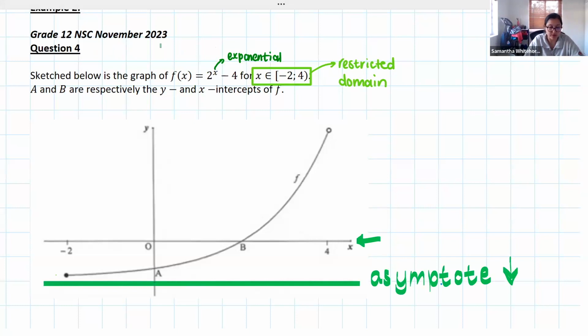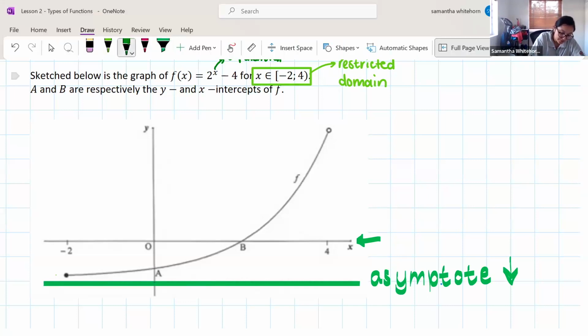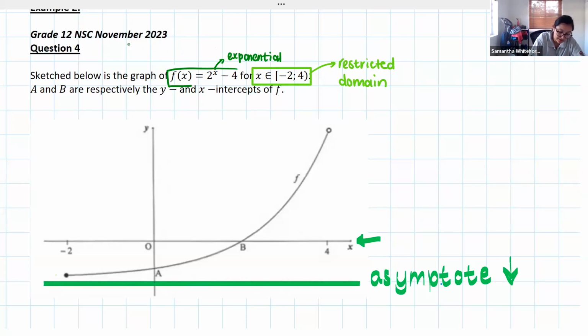However, if we go back up to our equation for f of x, it is 2 to the power x minus 4. So we know that this is a shift 4 units down, so this asymptote is at y equals negative 4. All of this information I have gotten just by looking at my graph and reading the information I was given, and now I have a fair amount that I can work with.